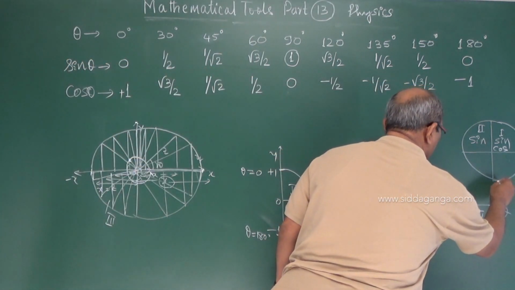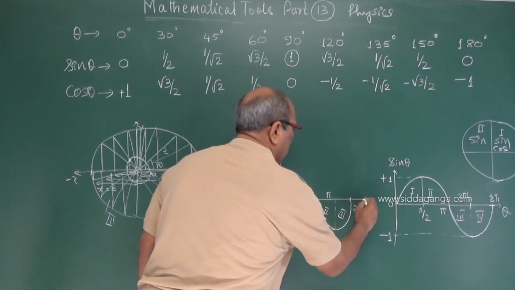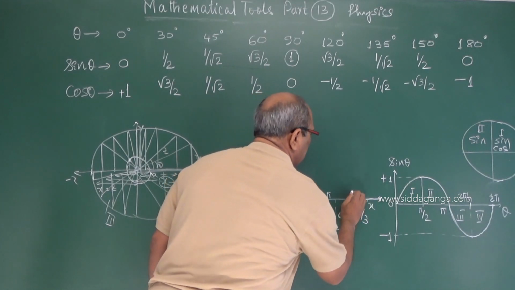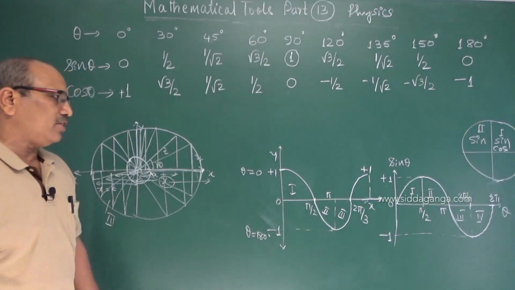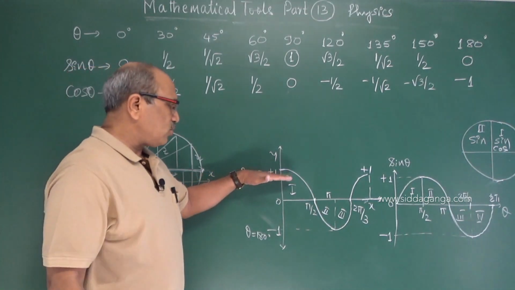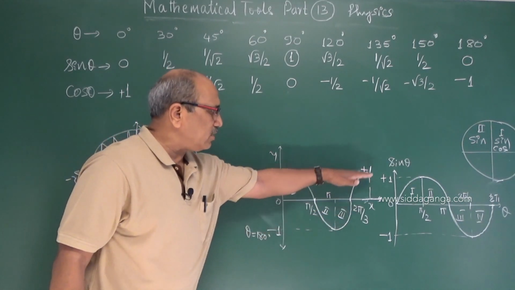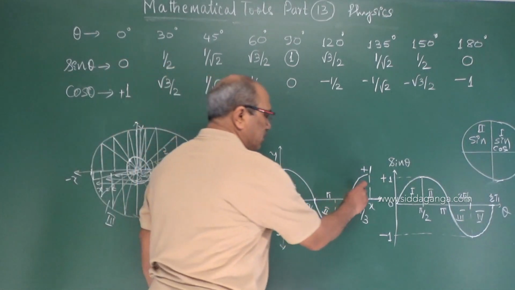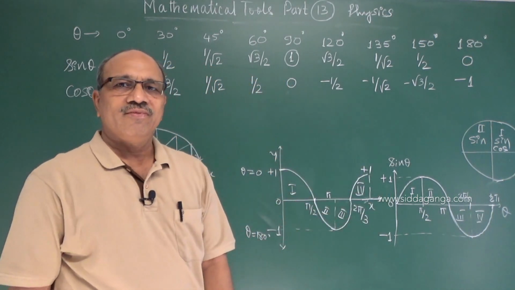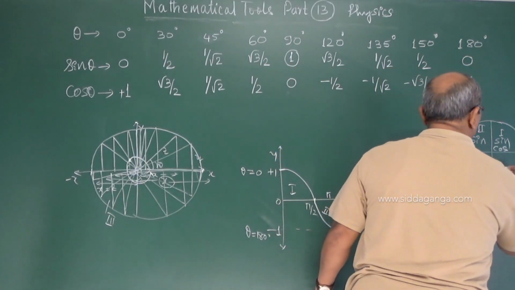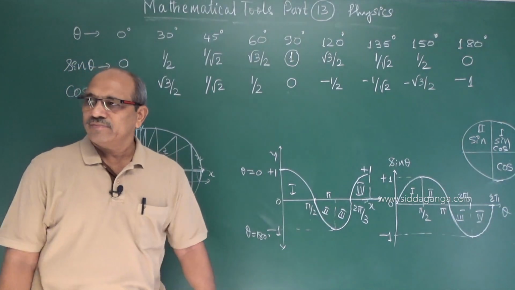I am showing this value here, it becomes plus 1 at 360 degrees, with 0 at 90, 180, 270 again. You see that in this fourth quadrant cos is positive. Therefore, I take cos as positive in the fourth quadrant.